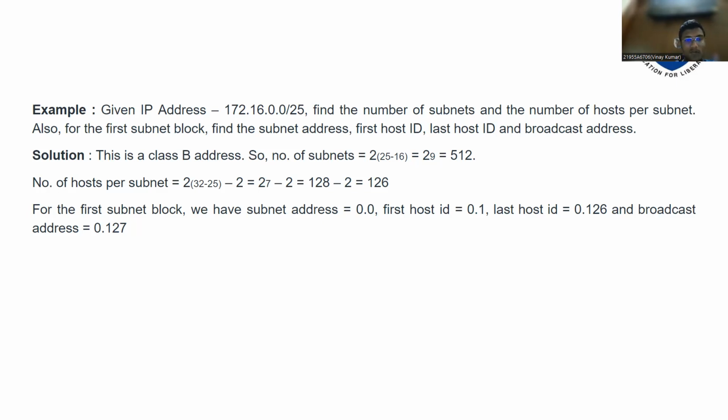For the first subnet block, we have subnet address 0.0. First host ID equals 0.1. Last host ID equals 0.126 and broadcast address equals 0.127.